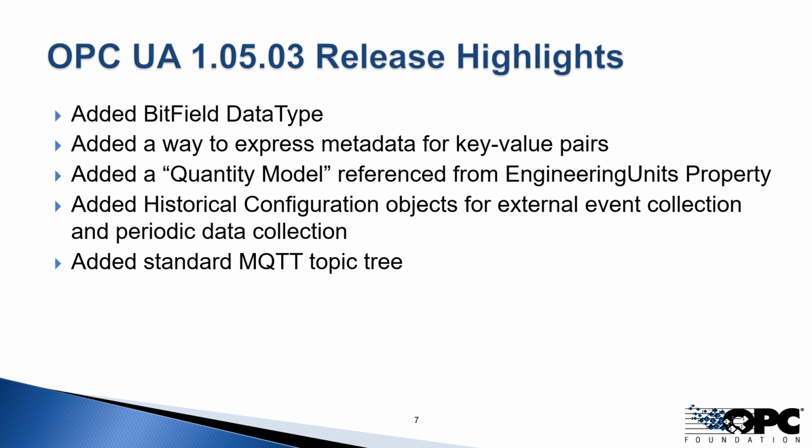Using MQTT, messages are sent to topics, and topics are used by subscribers to find and subscribe to things, using wildcards. And by having a consistent pattern to follow, we can conveniently make use of the MQTT topic tree in a standard way. And that was added in the PubSub Part 14 for the 1.03 release.